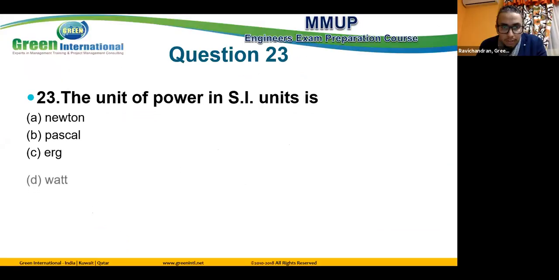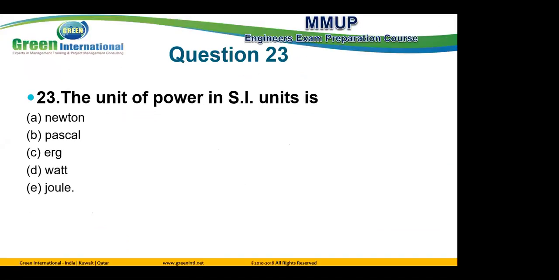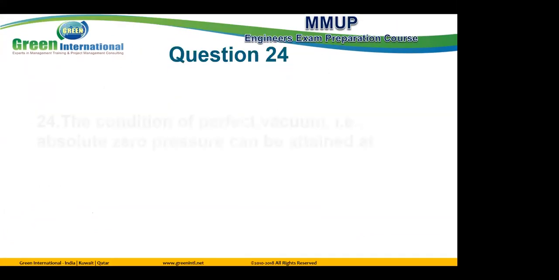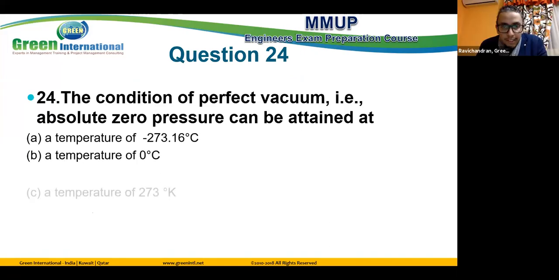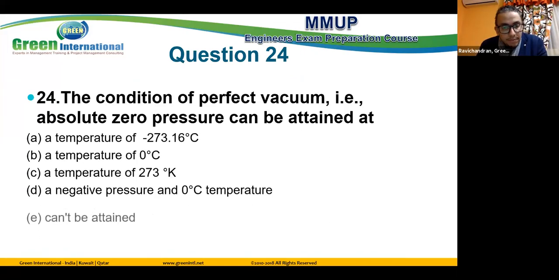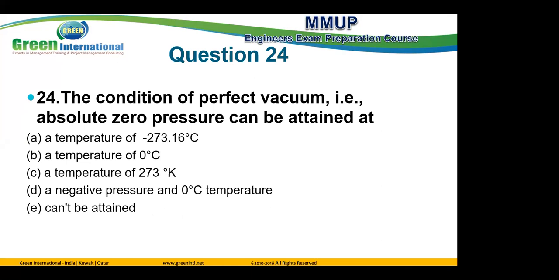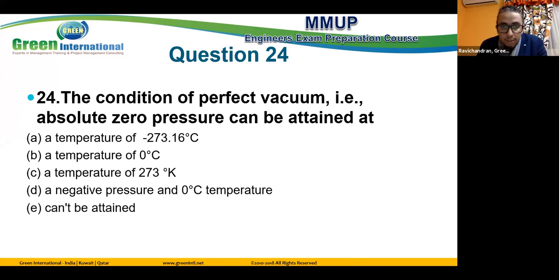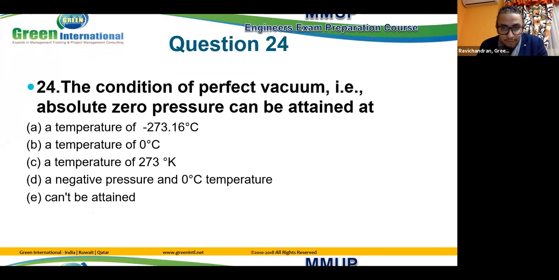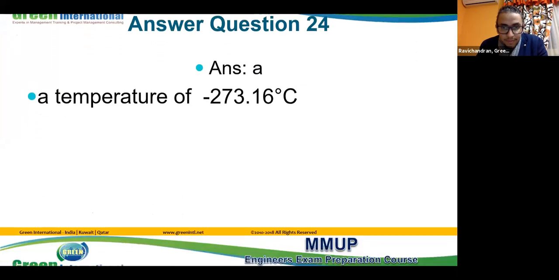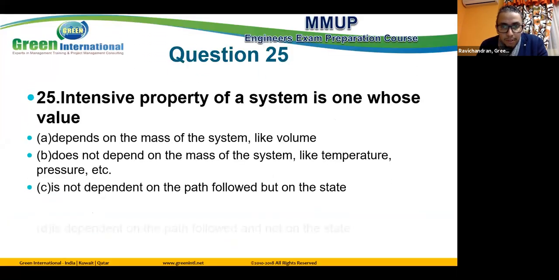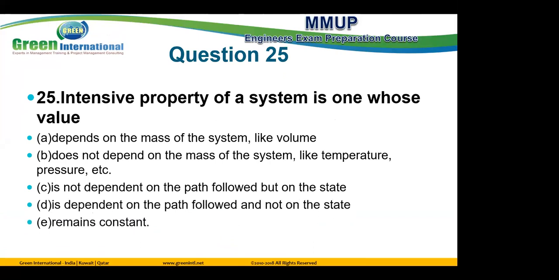What is the unit of power? Watt. Condition of perfect vacuum: minus 273. Okay, this is a tricky question, because negative 273 is 0 Kelvin, so minus 273. Means the absolute pressure is also the same, no?